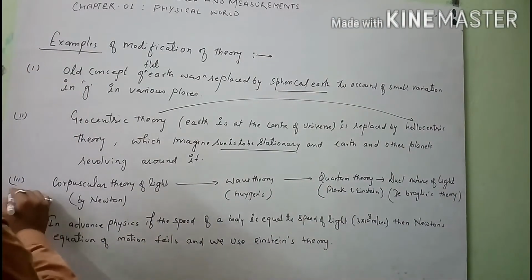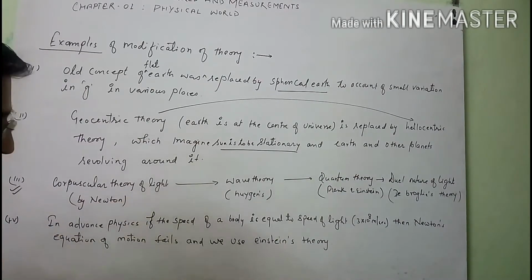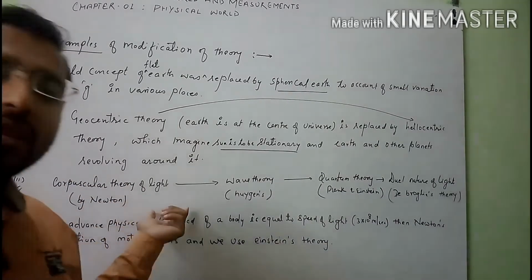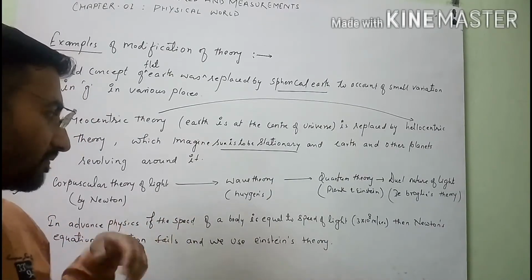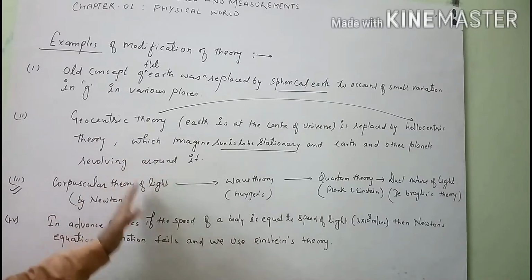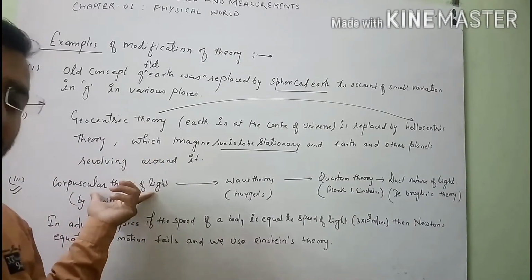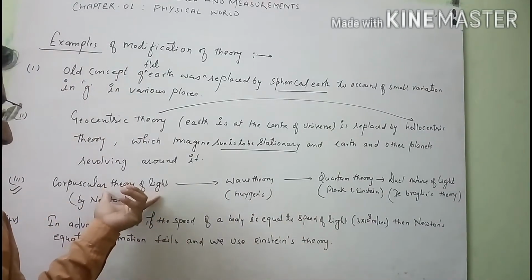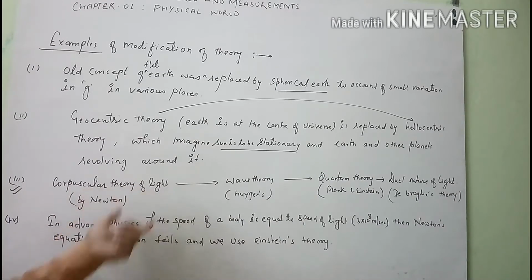After that, the modification with respect to light: initially Newton's theory, called the corpuscular theory, considered light to have a particle nature. Some areas were satisfied by the corpuscular theory, and you will discuss this theory in your next classes.